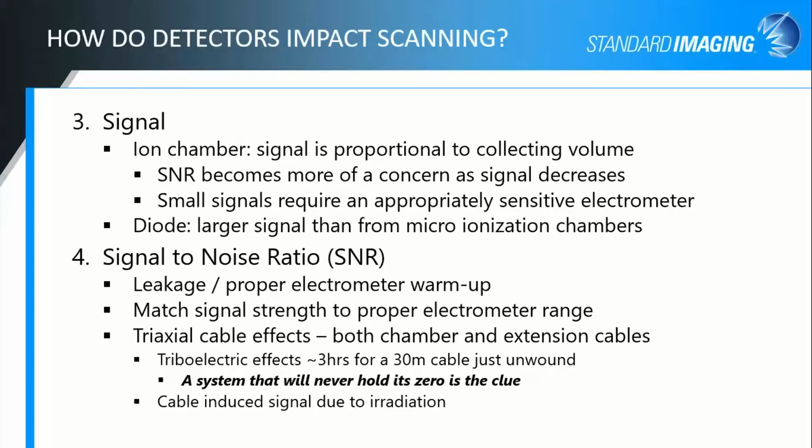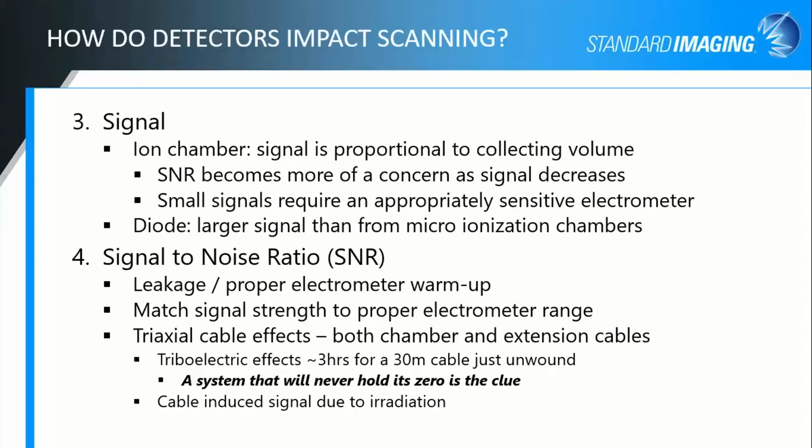The other thing I put here matters a little more for your output factor measurements, because in those cases you're more likely to be using a long cable that you maybe just unwound and ran through the raceway out to the control room. There are some triaxial cable effects to be aware of, both within the cable from the chamber as well as your extension cables.